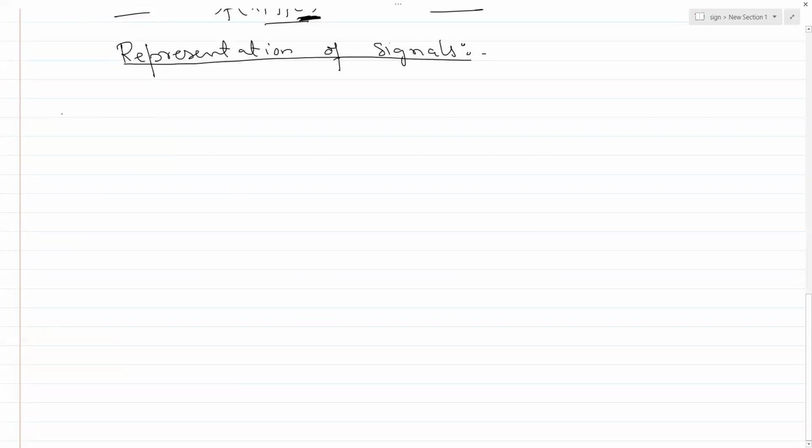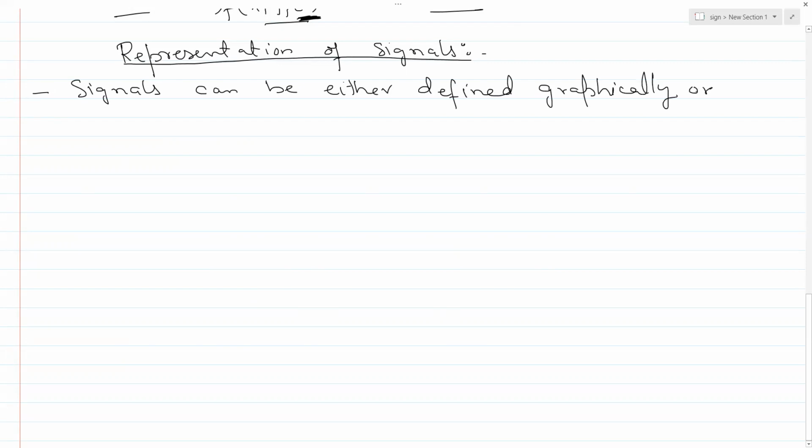Signals can be defined either graphically or mathematically. That means a signal can be represented either mathematically or graphically. Now we will take some examples and represent them mathematically as well as graphically.